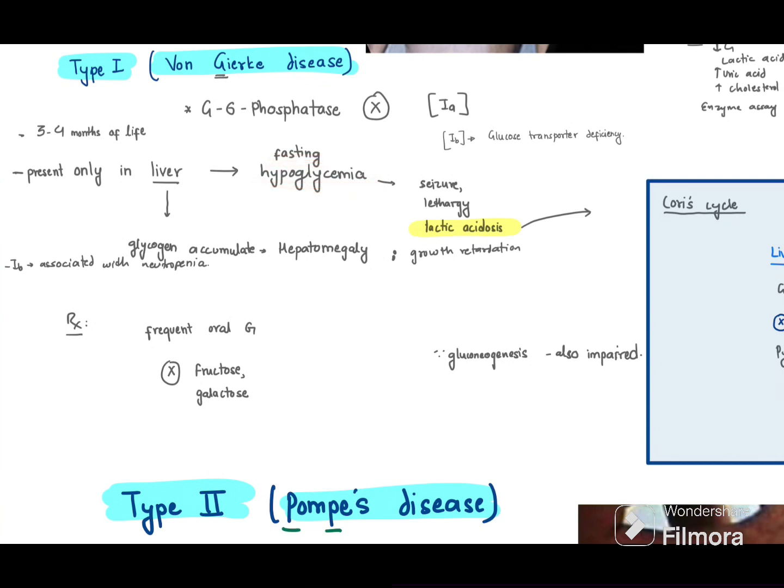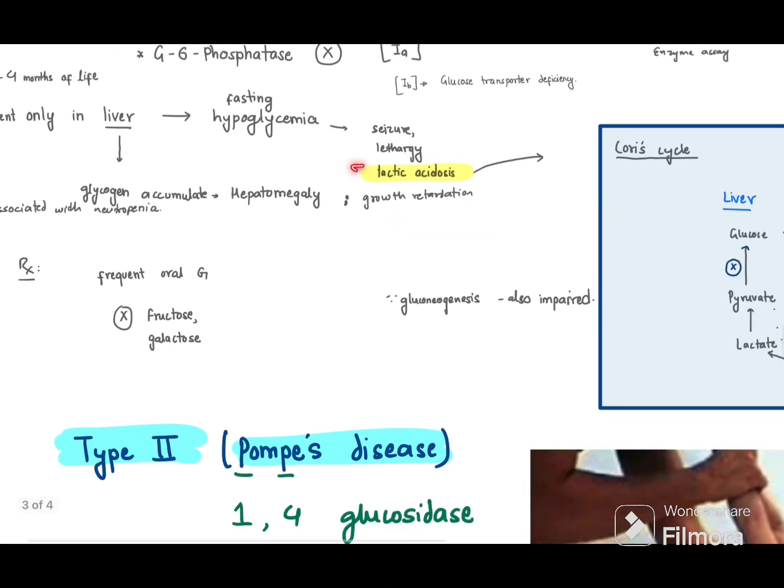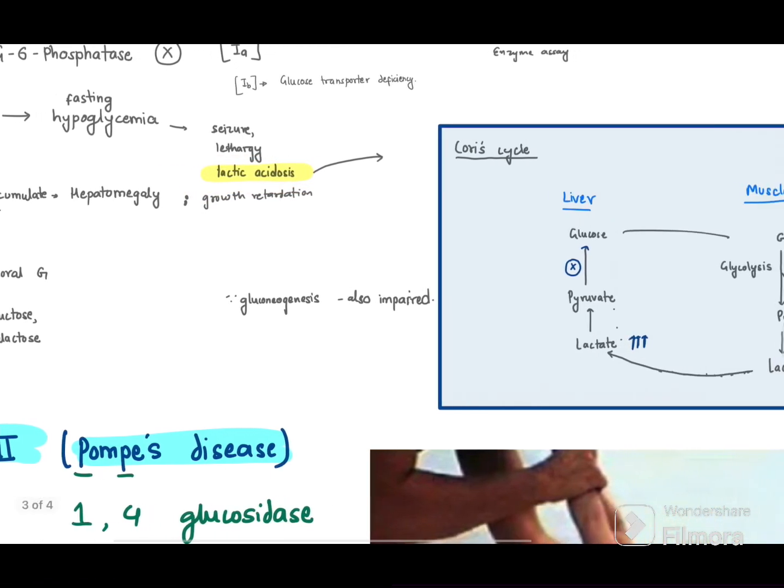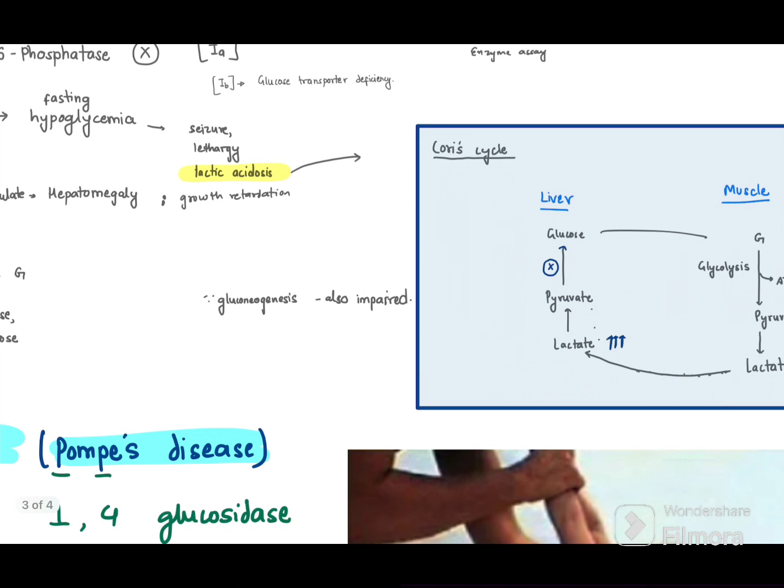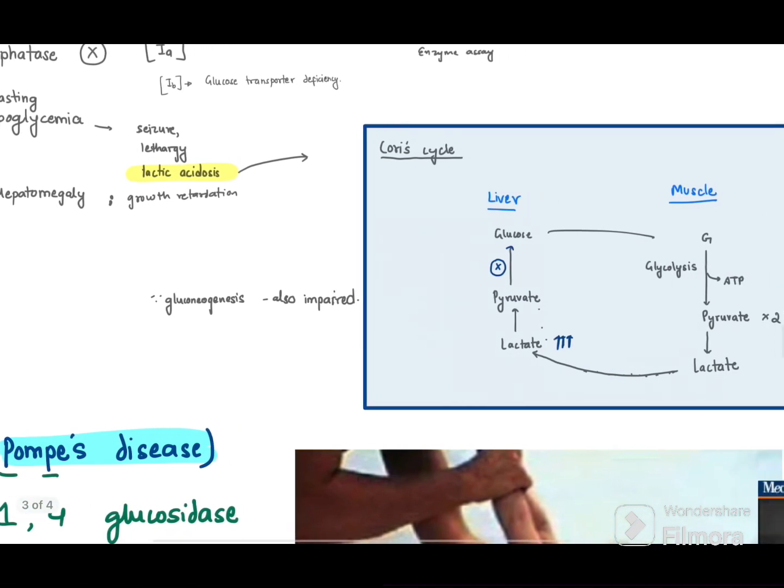The fasting hypoglycemia causes decreased glucose supply to the brain, causing seizure, and lethargy in the body, and there will be lactic acidosis, which is another prominent characteristic finding in this condition. To understand the lactic acidosis, we have to understand the Cori cycle.